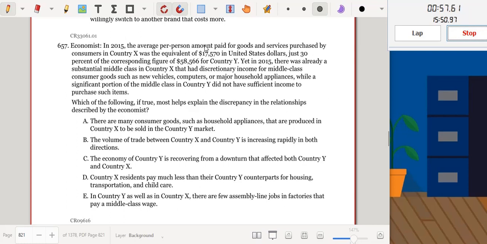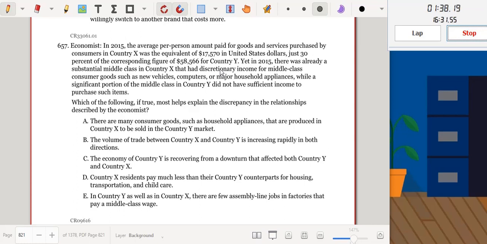The average per person amount paid for goods and services purchased by consumers in country X was just 30% of the corresponding figure for Y. So per person amount paid for goods is less in country X than country Y. How much less? 30%. Yet in 2015 there was already a substantial middle class in country X that had discretionary income for middle class consumers such as new vehicles, computers, while a significant portion of the middle class in country Y did not have sufficient income to purchase such items.